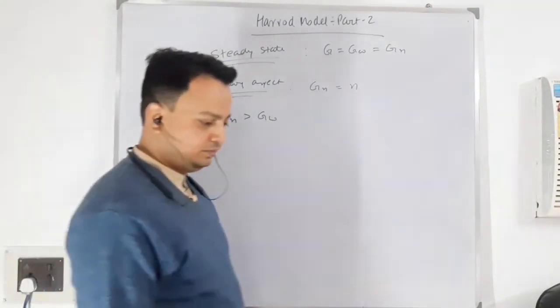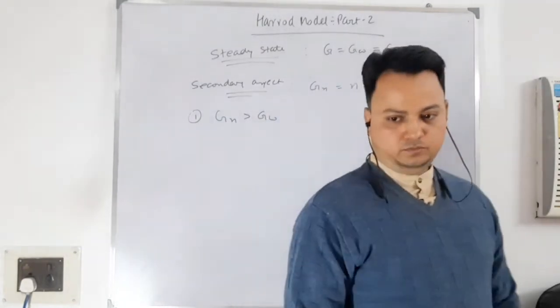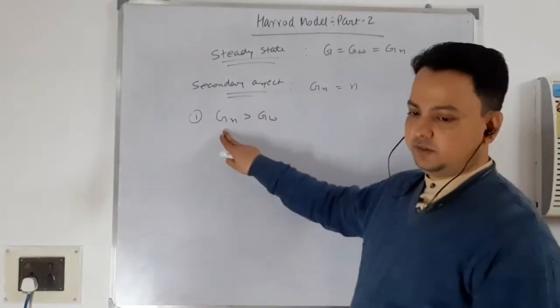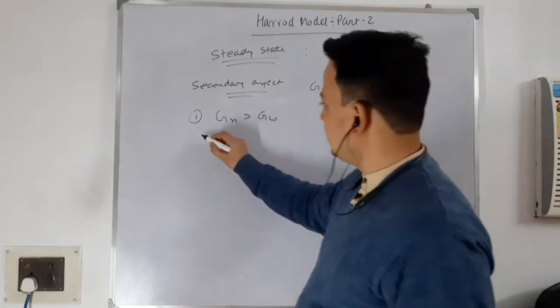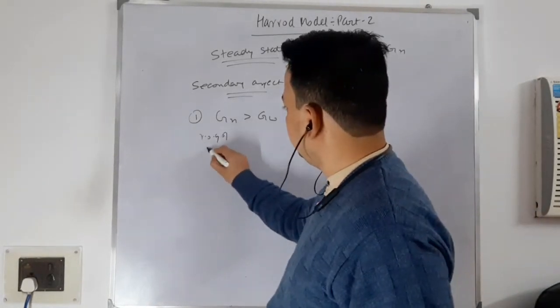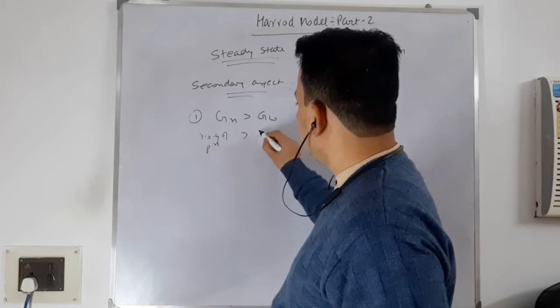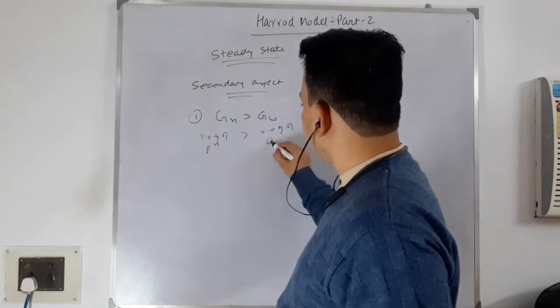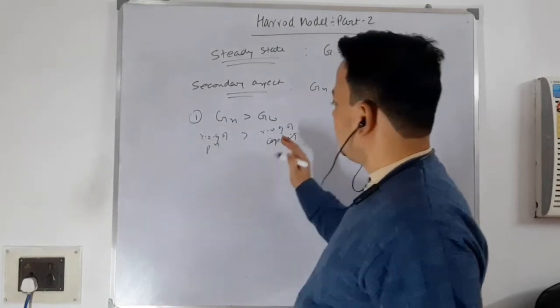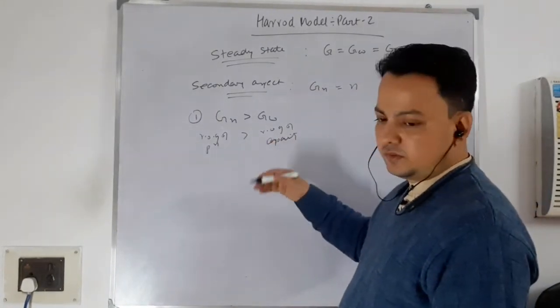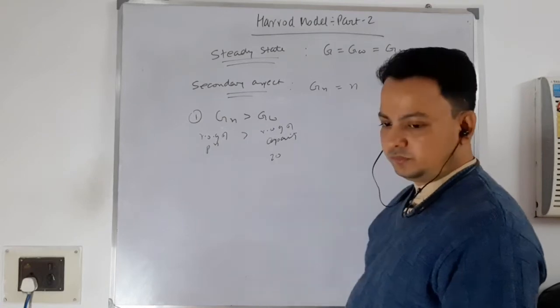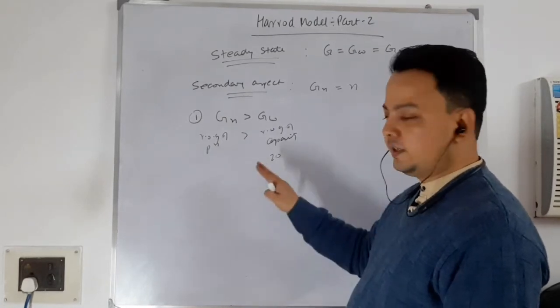Then what will happen? What is GN? Rate of growth of population. Yes or no? And GW is the rate of growth of capacity. Suppose capacity has grown and increased to 20. I am giving you a static example.